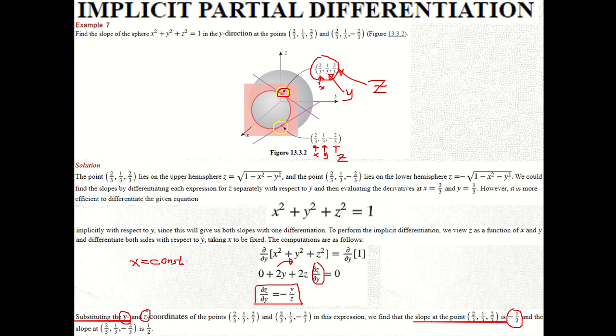When you substitute these values into our result here, because this is our slope, we get 1/2, because 1/3 divided by 2/3 is 1/2. We have negative 1/2, but z is negative here, so this makes the result positive 1/2.